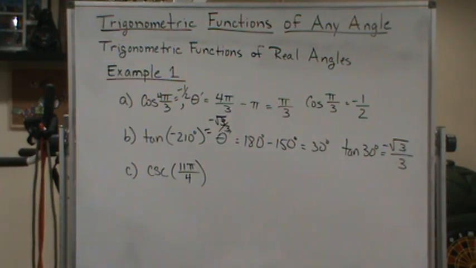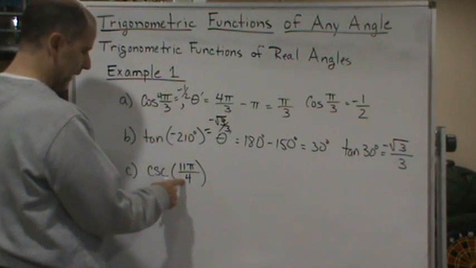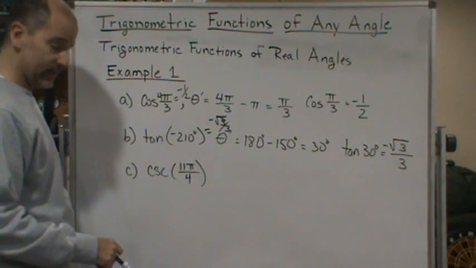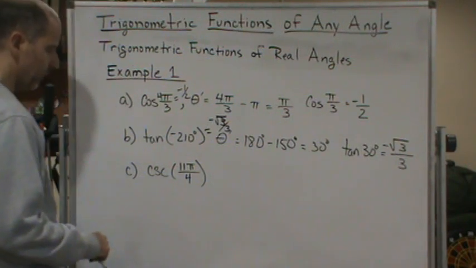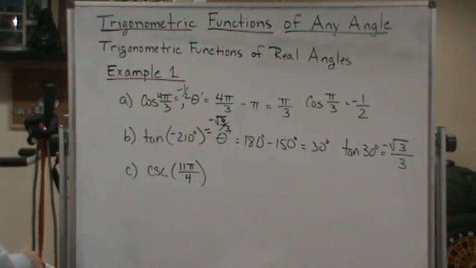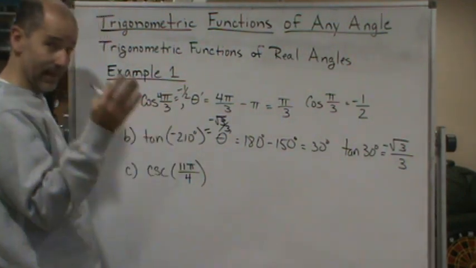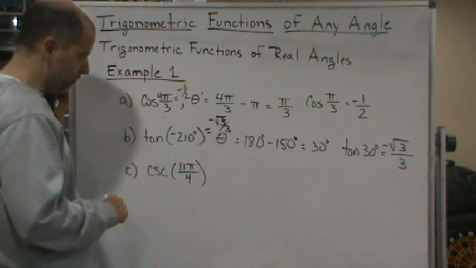And finally, let's do cosecant of 11 pi over 4. Okay, first of all, 11 pi over 4 is bigger than pi, so it's not in the second quadrant. If we do 3 pi over 2, that's the quadrantal angle, 3 pi over 2.